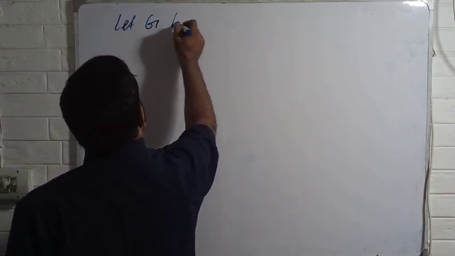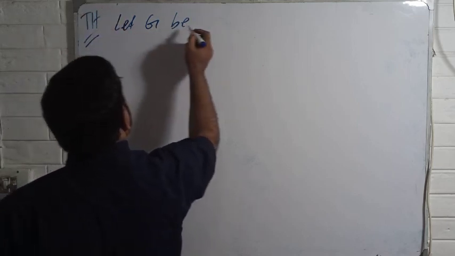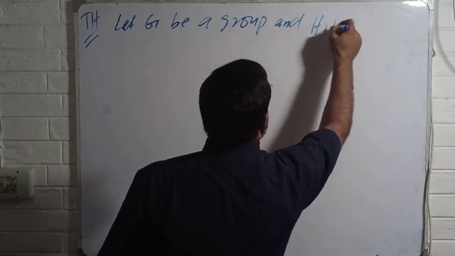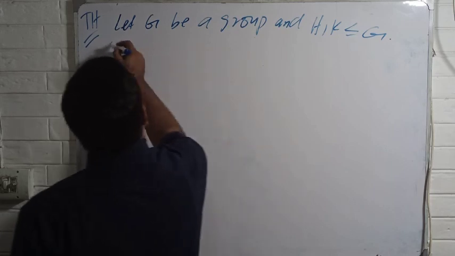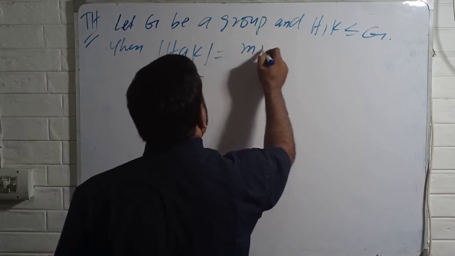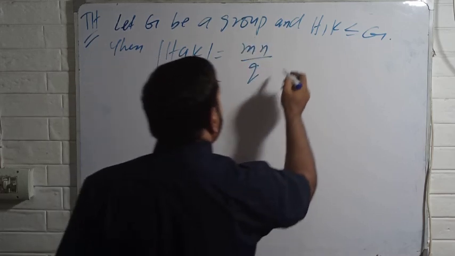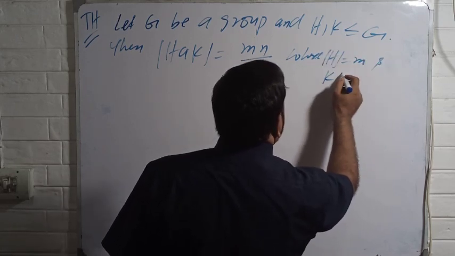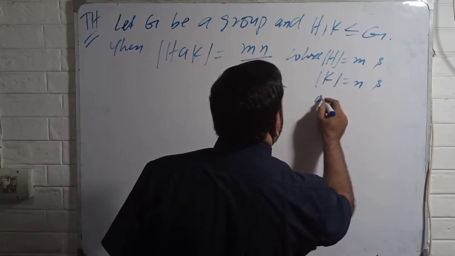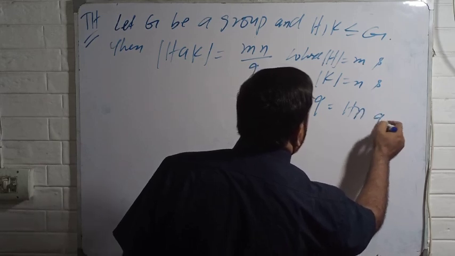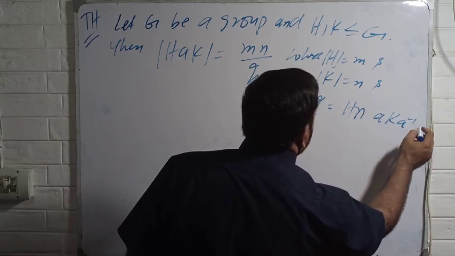Theorem: let G be a group, and H, K be subgroups of G, then the order of HK is equal to Mn by Q, where order of H is equal to M, order of K is equal to N, and Q is equal to order of H intersection A K A inverse.